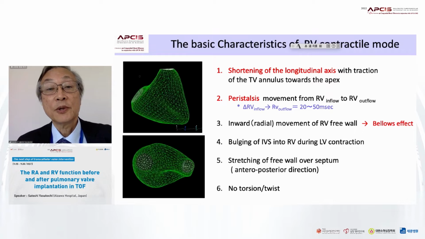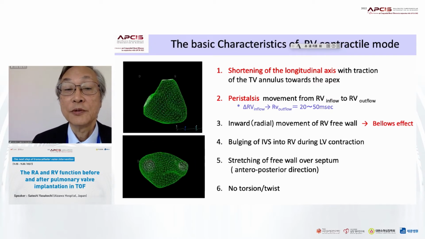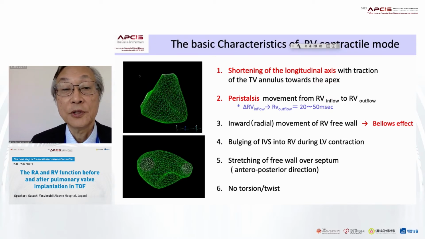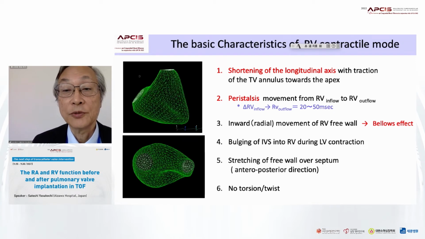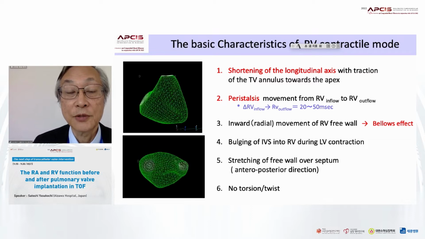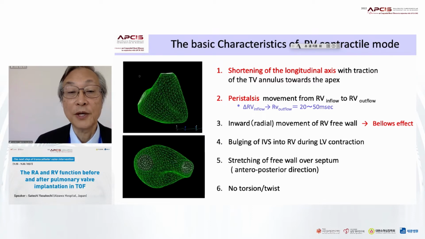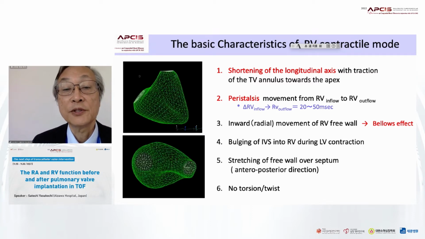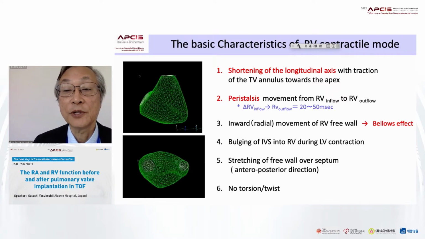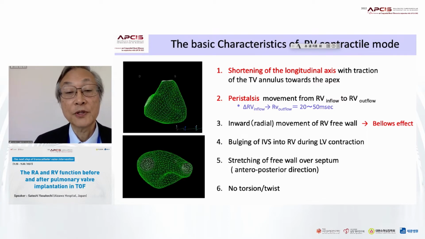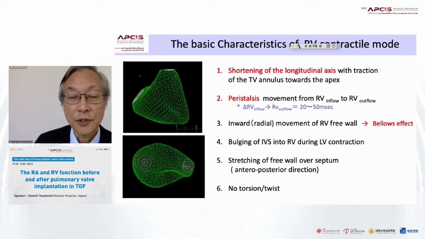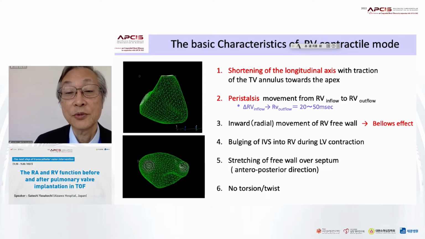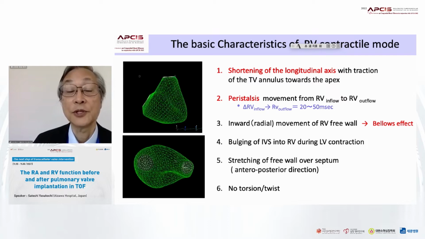To summarize the basic characteristics of the RV contractile mode: it is shortening of the longitudinal axis with traction of the tricuspid valve annulus toward the apex, and peristalsis movement from the RV inflow to the RV outflow. The time difference in the start of contraction from inflow to outflow is about 20 to 50 milliseconds in the normal setting.